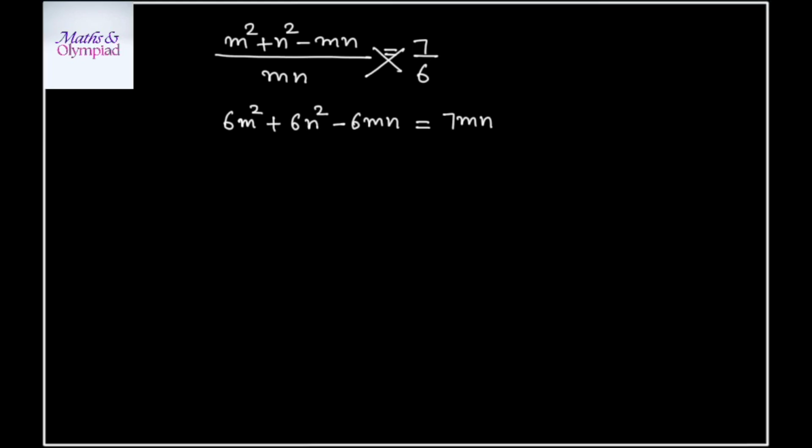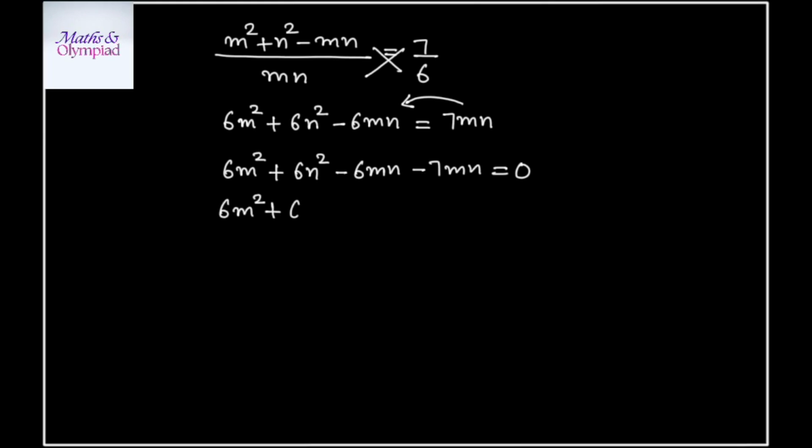Now I will shift 7 times mn to the left hand side. So it will become 6m square plus 6n square minus 6mn minus 7mn equal to 0. Now in order to simplify the equation, I will divide both sides by m times n.